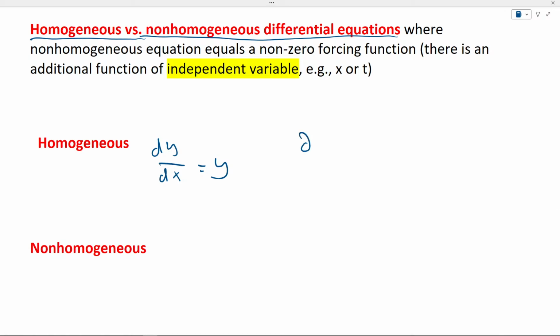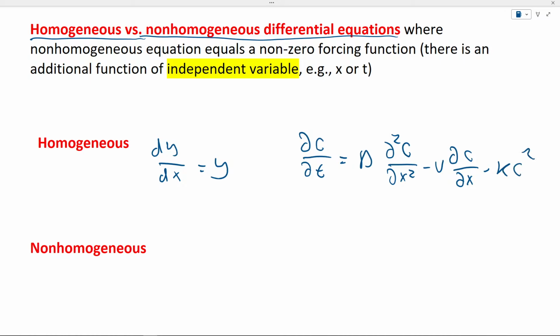Here, for example, partial c partial t is equal to dispersion partial 2 c partial x square, minus v dc dx, negative k c square. This is homogeneous. Why? Because my independent variable does not appear anywhere, it does not have any separate function here.